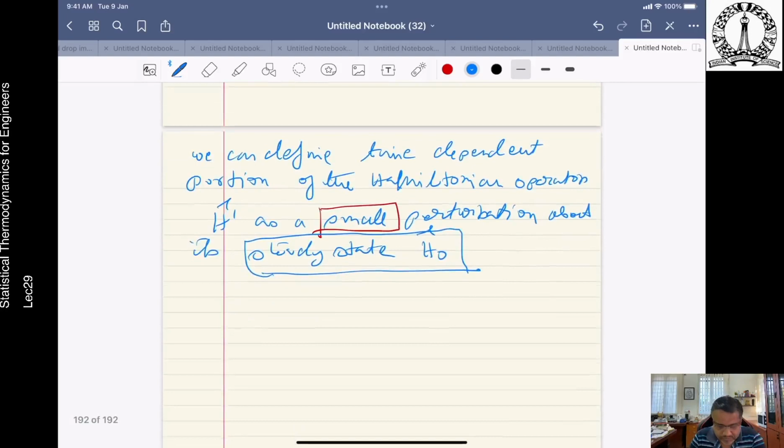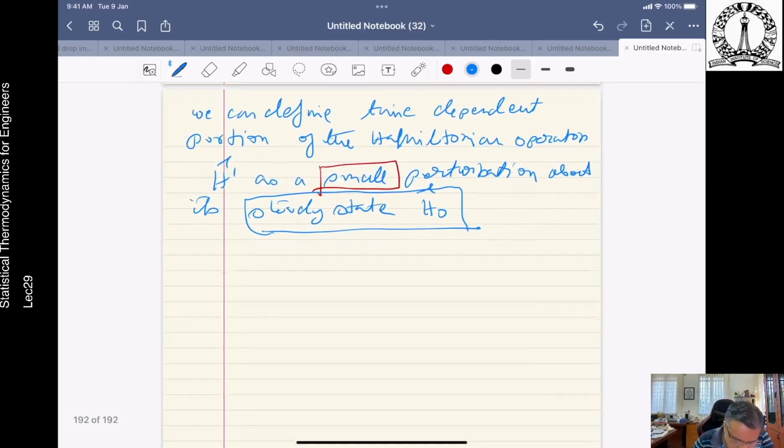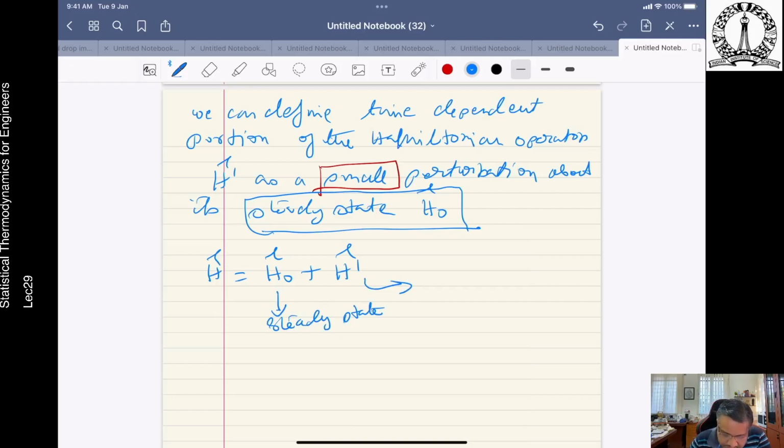So H hat is equal to H naught plus H prime. That is the total, where H naught is the steady state and H prime is the corresponding time dependent part.